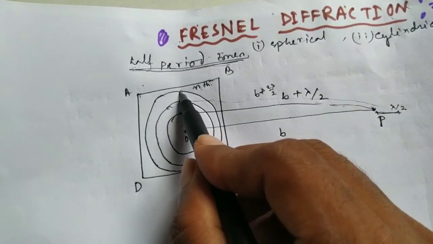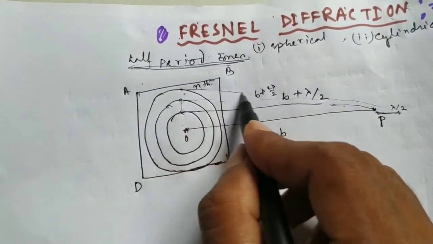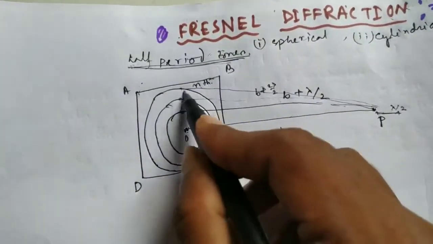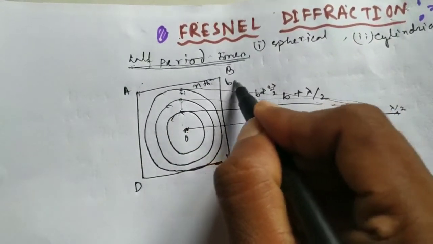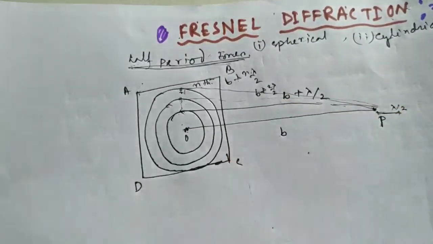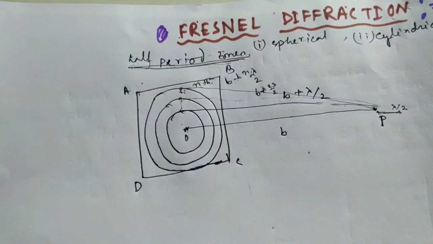Now this is the nth zone, so the distance between P and the nth zone is b plus n lambda by 2.